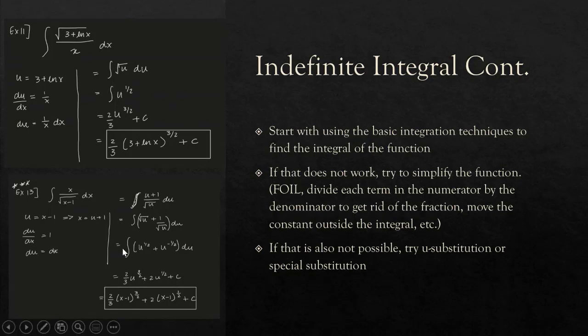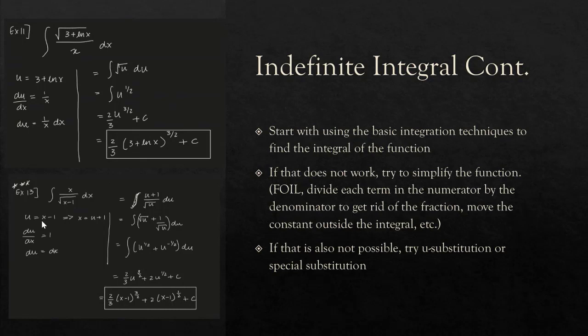But let's say it's not that simple. Say you set your u equal to x minus 1, like in example 13, and then you solve for du and plug it back in, but then you notice that there's an x remaining in the numerator. That is when you want to do special substitution. This is where you take the u equals something equation and solve for x.